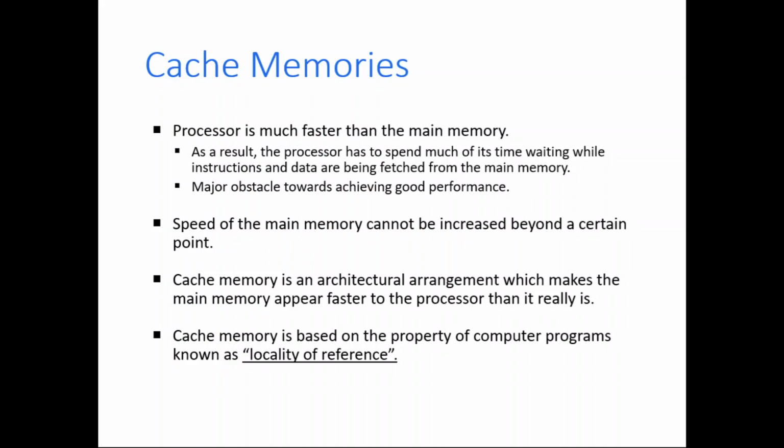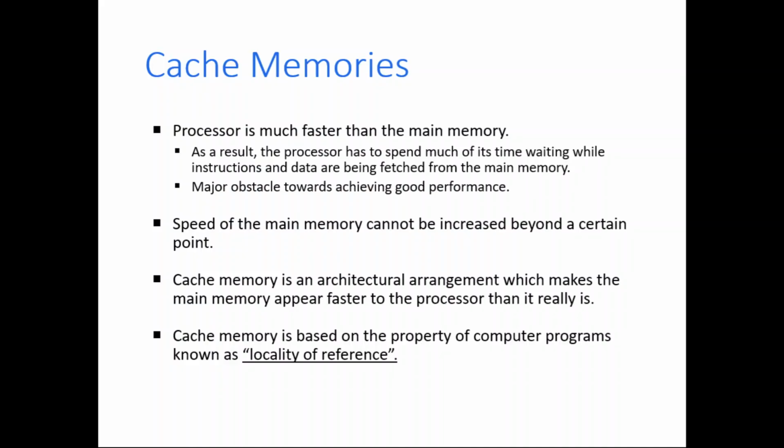So in this context we are introducing a new memory, called cache memory. Cache memories are high speed memories placed between main memory and the processor.